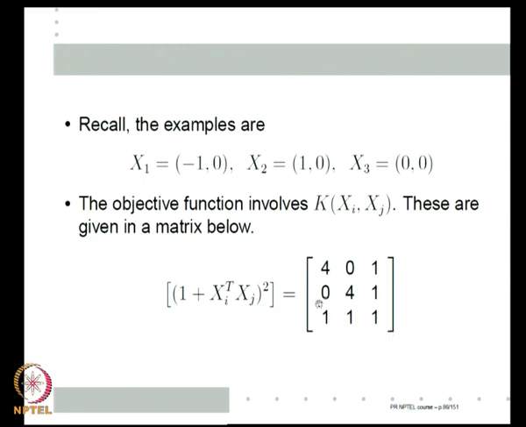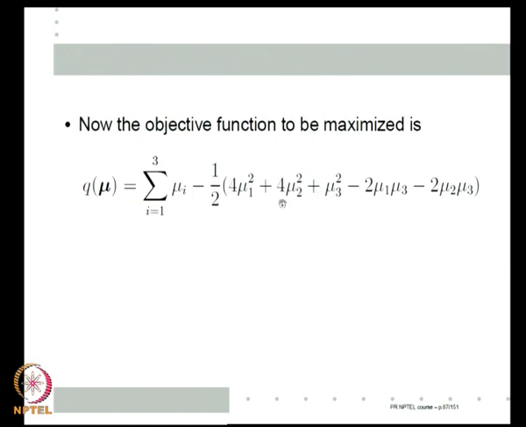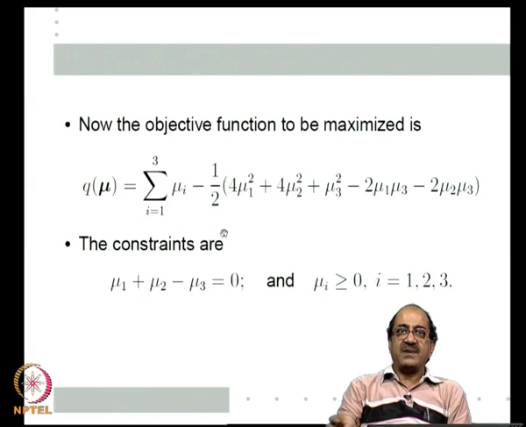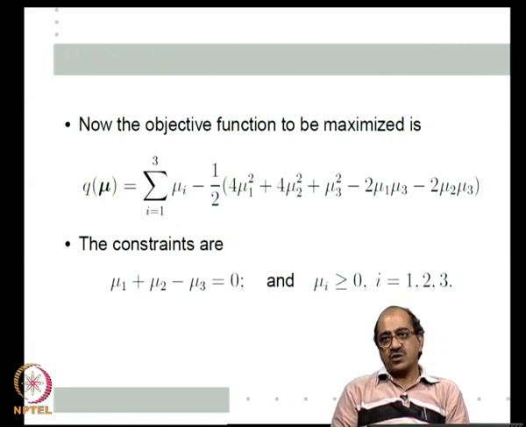Then I have all the cross terms: mu 1 mu 2 has coefficient 0 so it goes away, mu 1 mu 3 is 2, mu 2 mu 3 is also 2, but both mu 1 mu 3 and mu 2 mu 3 will be minus terms because 1 and 3 are in different classes and 2 and 3 are also in different classes. So, it will be 4 mu 1 square, 4 mu 2 square, mu 3 square minus 2 mu 1 mu 3 minus 2 mu 2 mu 3. This is my objective function. What are my constraints? Sum of mu i y i is equal to 0.